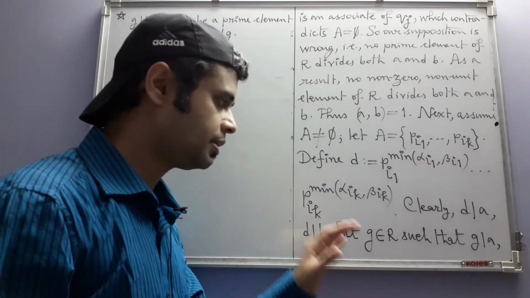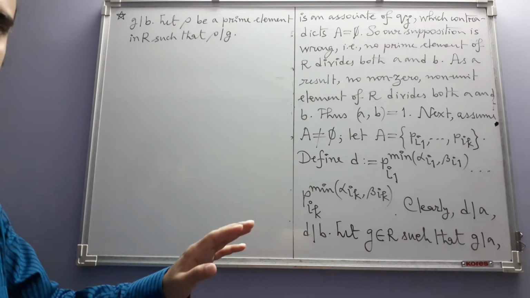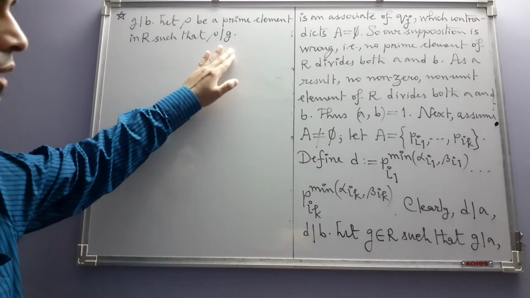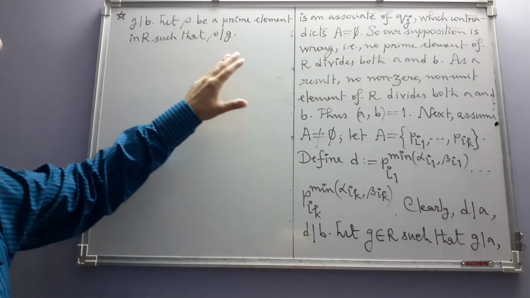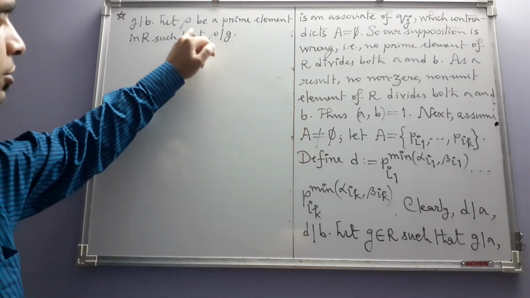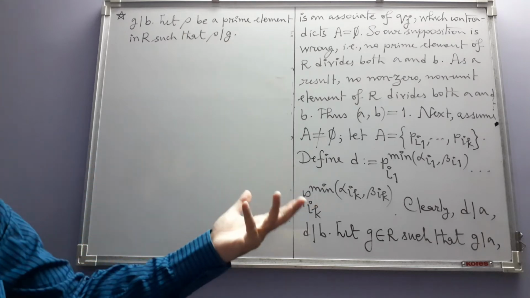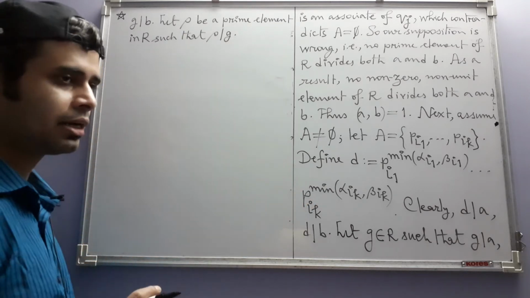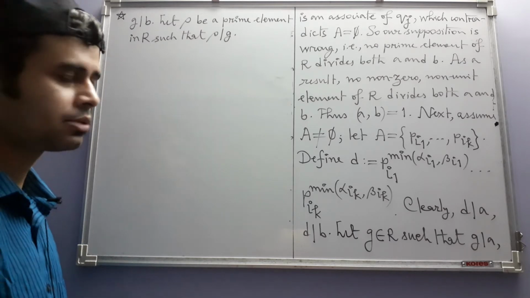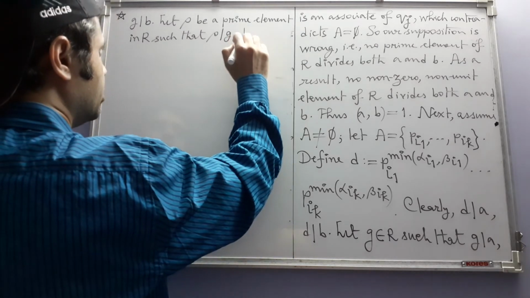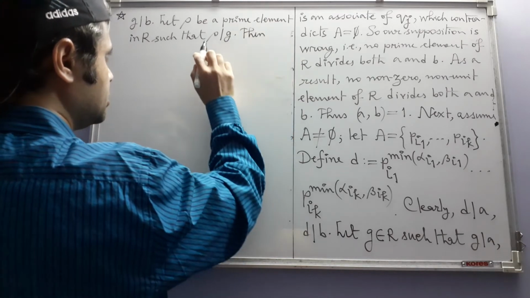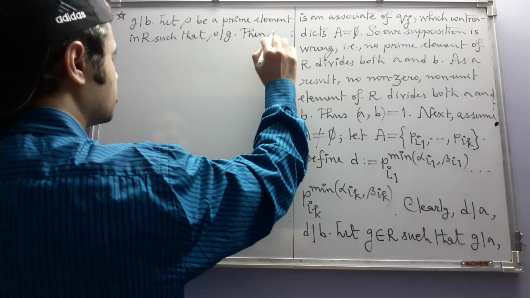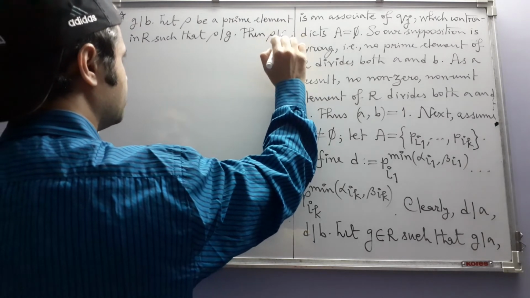So we are in general considering the case where G is a non-unit, so that it has some prime factorization and rho is any prime factor of G. Now we are going to see what rho can possibly be. Then, since rho divides G and G divides both A and B, rho will also divide both A and B.